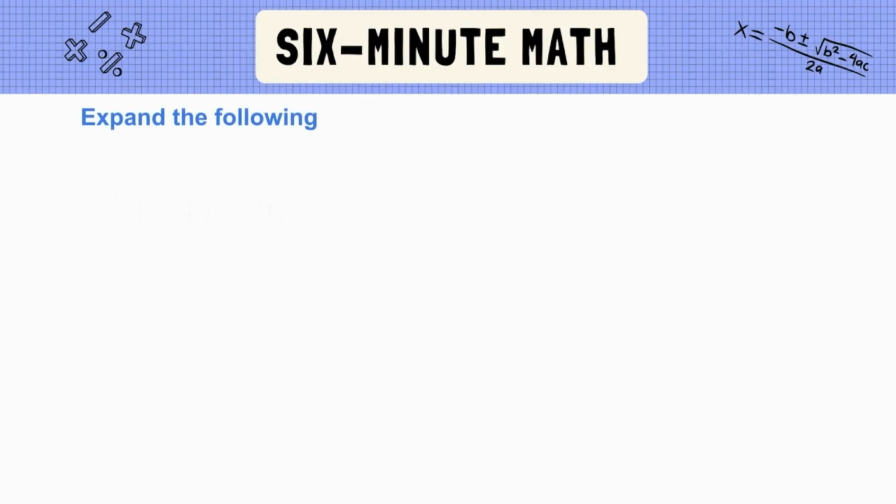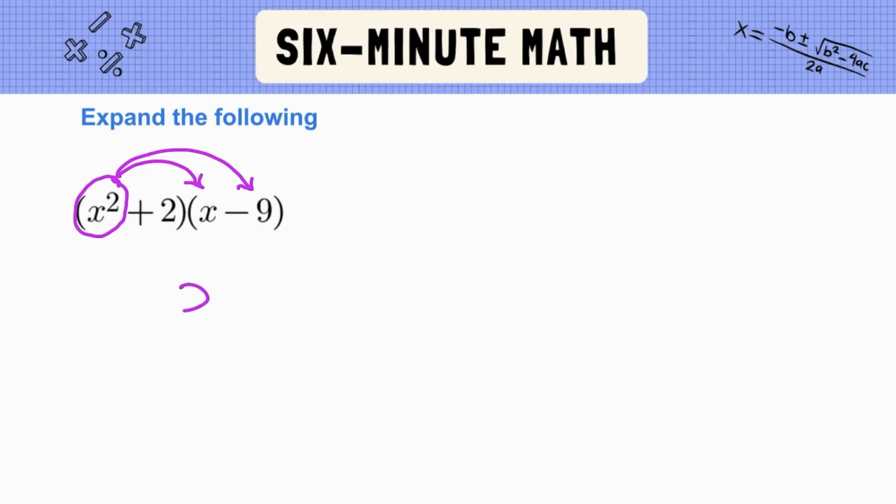How about another example? We are going to multiply this in, so our process remains the same. I'm going to multiply my first term in. X squared times x is x cubed, and x squared times negative 9 is negative 9x squared.